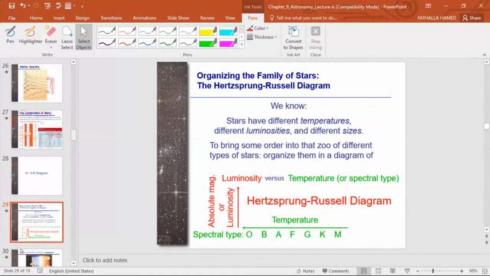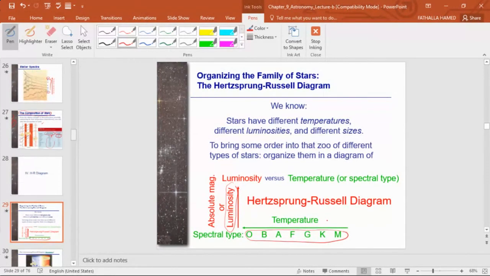It is due to two scientists, Hertzsprung and Russell. They made a diagram, and on the y-axis they put luminosity, brightness, and on the x-axis they put the surface temperature.